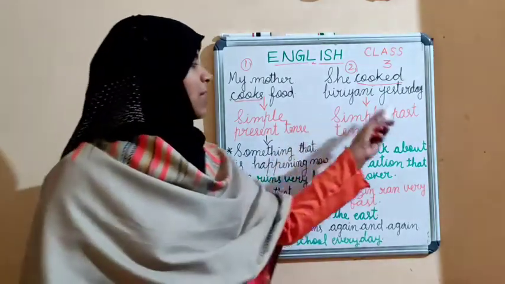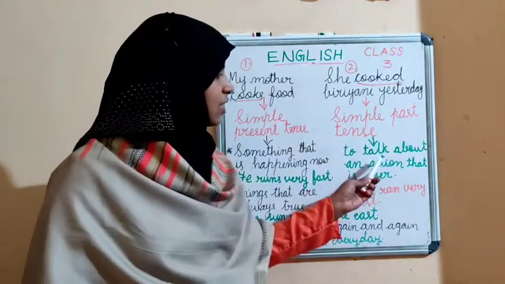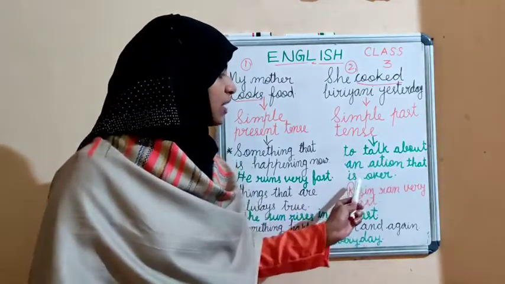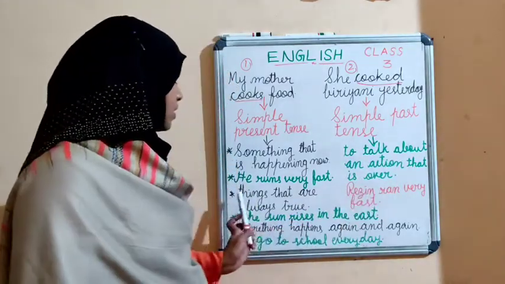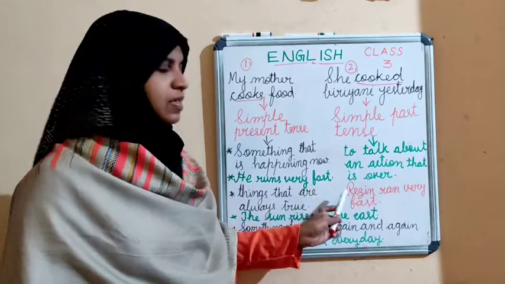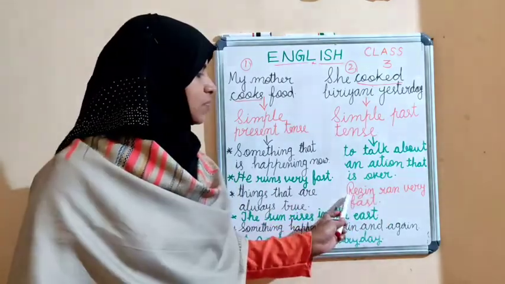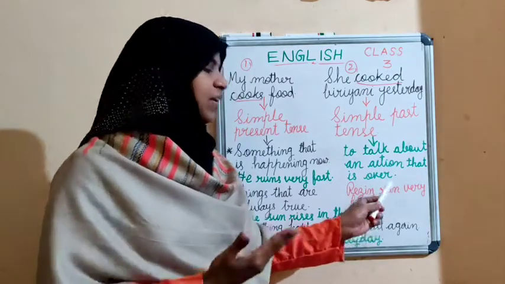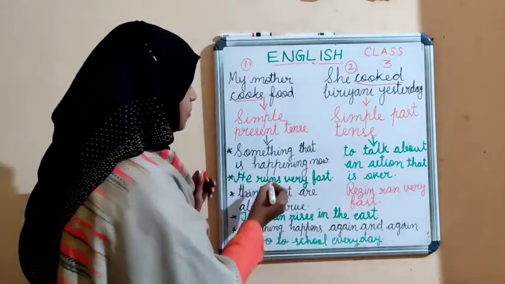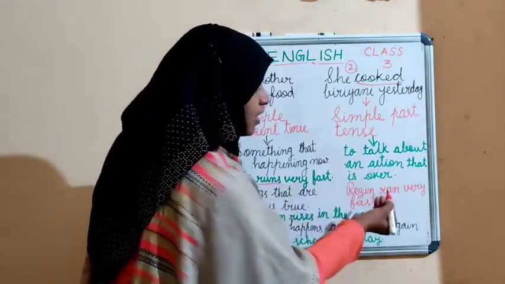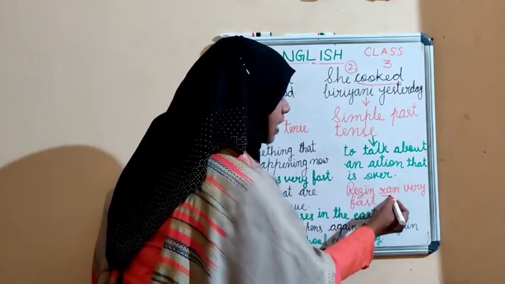The simple past tense, we already learned, is to talk about an action that is over. See, he runs very fast. Here in the simple past tense, we can use Razin ran very fast. So this verb will change in the past tense.